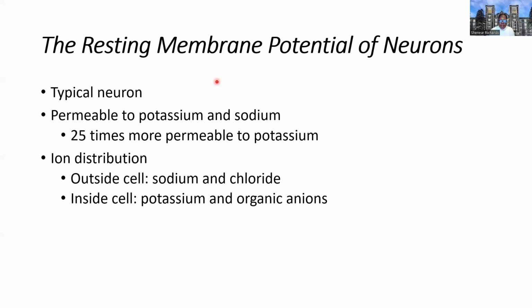So those are being balanced out inside the cell by the presence of potassium, okay? So when we think about the ion distribution, there's a balancing happening in the extracellular fluid and a balancing happening in the intracellular fluid. So these are two important points to note before we continue.